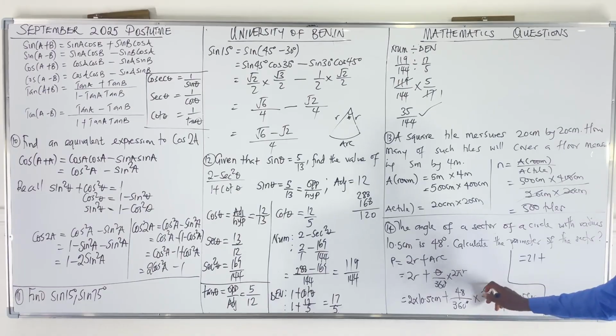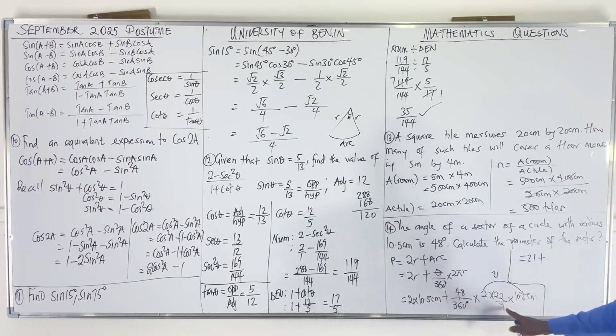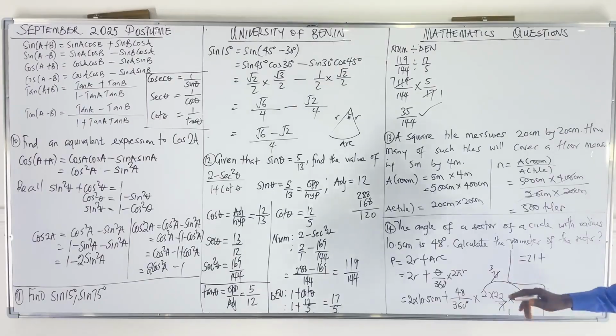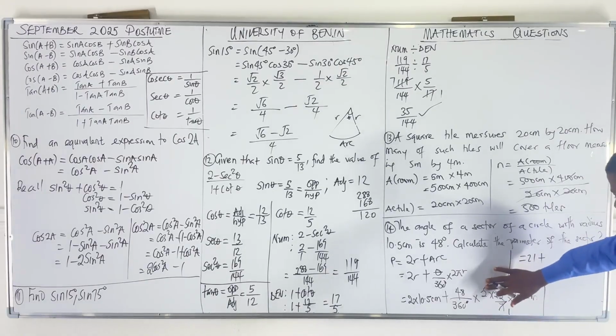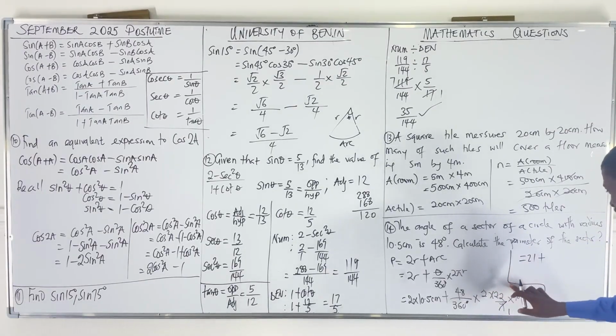And I know that 2 times this will give me 21. So 21 and this 7. 7 here is 1. 7 into this is 3. So what we'll be having left, let me do this so that it will not be confusing.